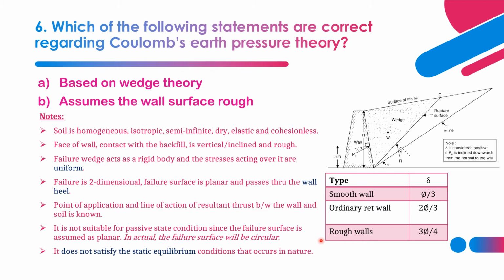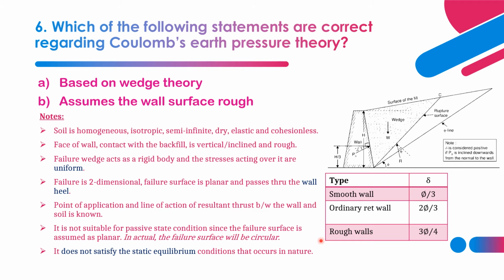And the soil is in a state of plastic equilibrium during both active and passive earth pressure conditions in case of Rankine's earth pressure theory. And the rupture surface is planar again, and that can be determined by considering the equilibrium under different forces. So the planar condition is also applicable to Rankine's theory, and Rankine's theory can be applicable to cohesive soils also.